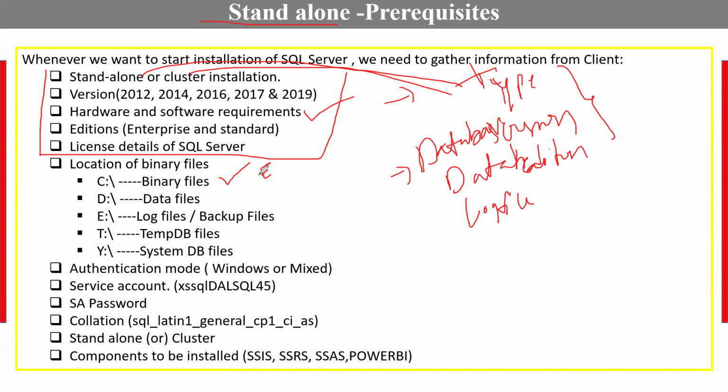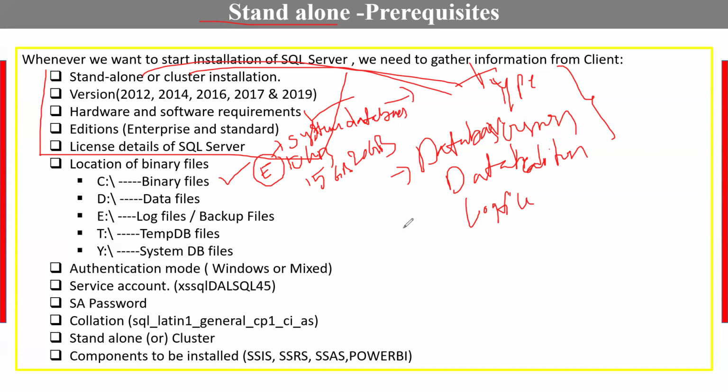A separate drive with 10 GB, 15 GB or 20 GB storage, minimal storage. Keep all your binary files in the E drive along with the system databases. That is one best practice we'll follow, sir.